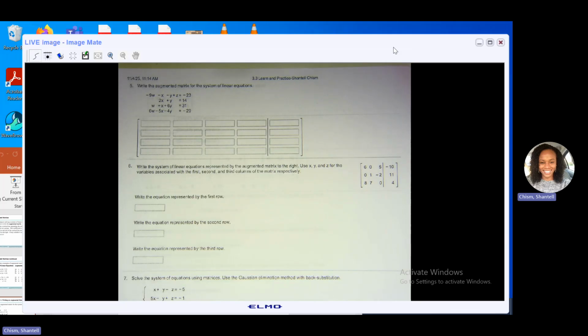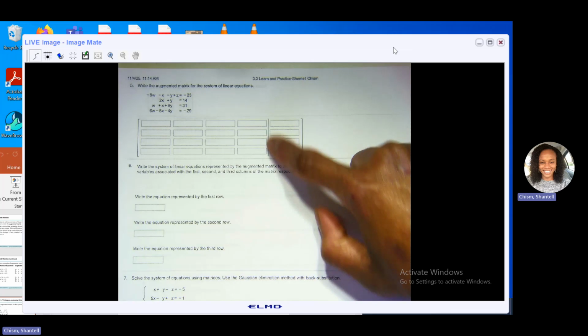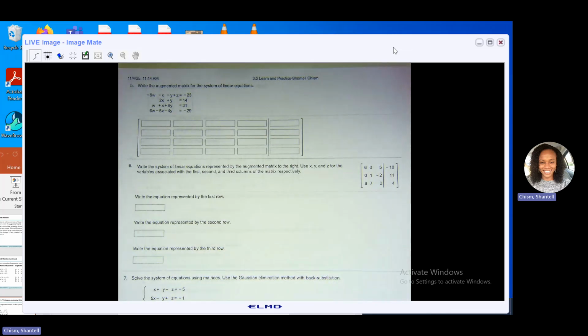The previous 4 questions were word problems related to exponentials. So number 5, it says write the augmented matrix for the system of linear equations. As you can see, the bar is understood to be there, or it's shown here. Sometimes it's shown, sometimes it's not, but we do actually see it here.